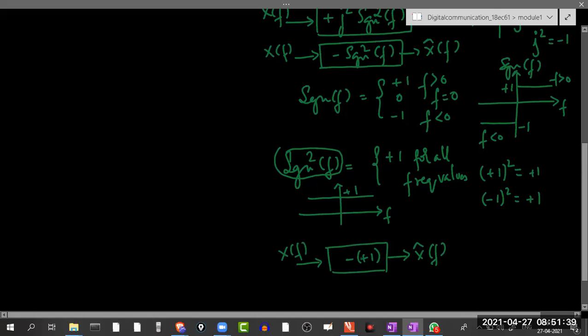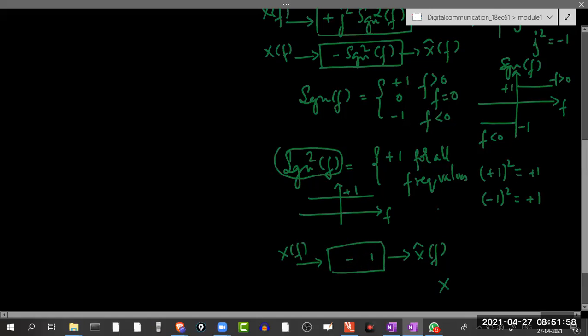So here negative into positive will again give a negative value itself. So this entire thing is -1. In fact, this negative sign will reflect at our output.